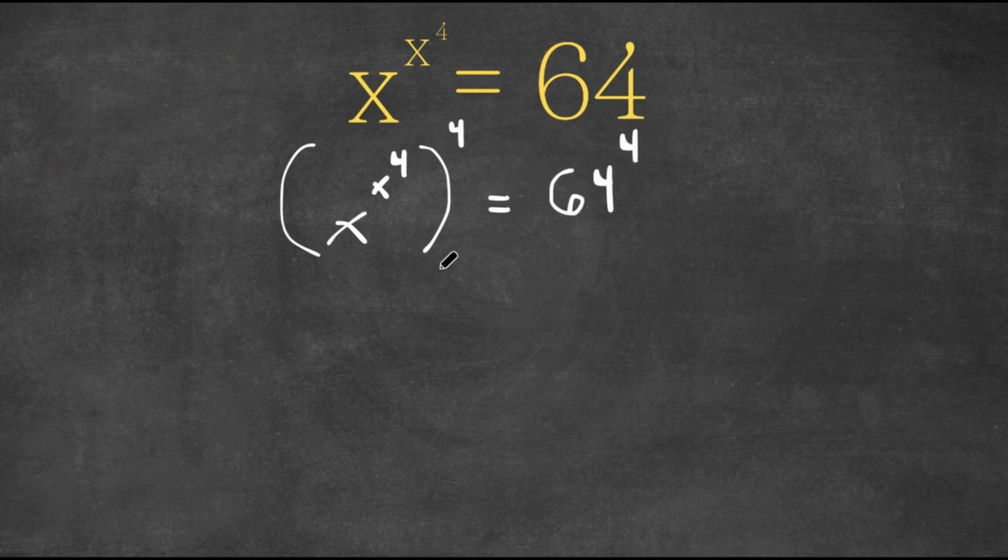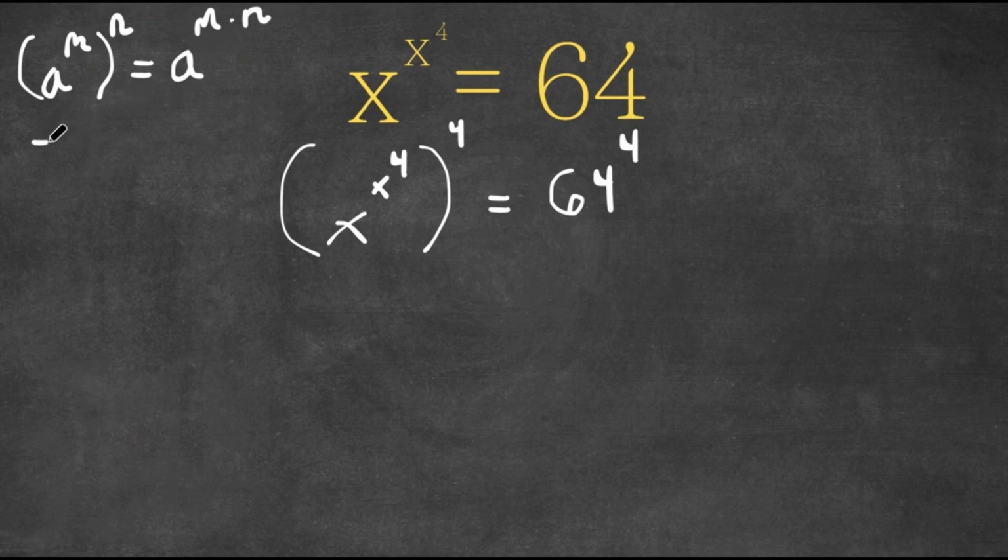Now if I have something in the form a to the power of m to the power of n, this is equal to a to the power of m times n, right? And a to the power of m times n is also equal to a to the power of n times m.